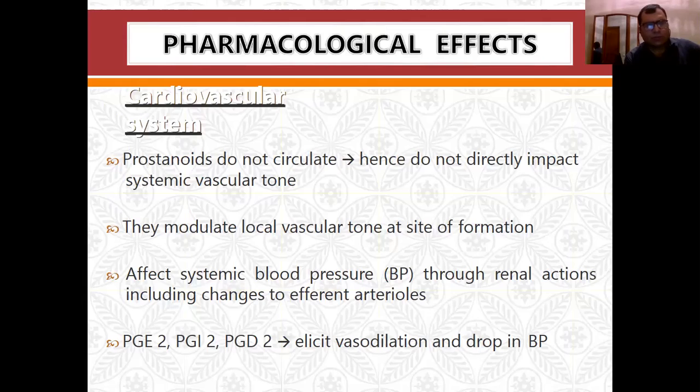Prostaglandin E2, prostaglandin I2, and prostaglandin D2 elicit vasodilation and a drop in BP. So overall, we can say that on the cardiovascular system, their effect may be due to blood pressure, vascular tone, and platelet aggregation, especially in the atherosclerotic process.